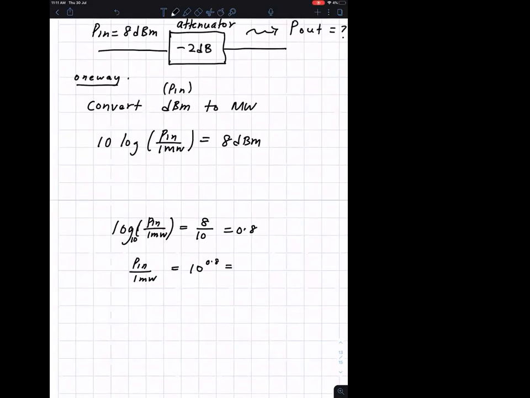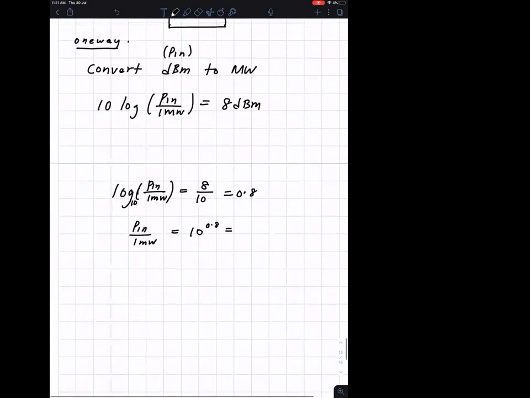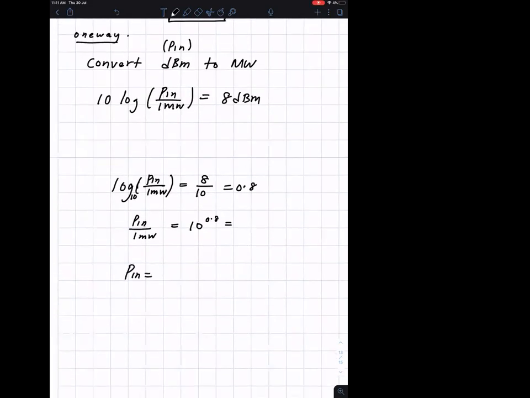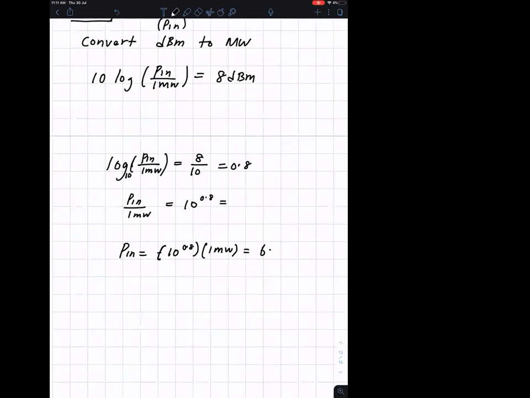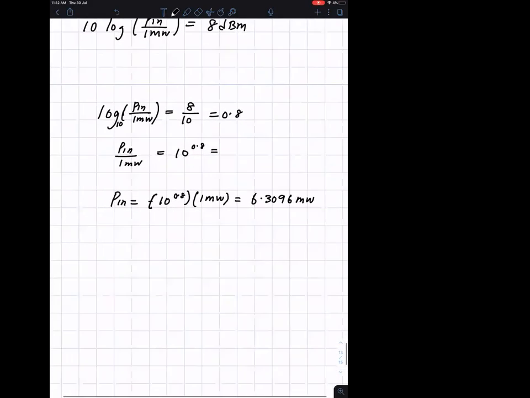Okay, 10 to the power of 0.8, that's going to give you 6.3096 milliwatts for P in.